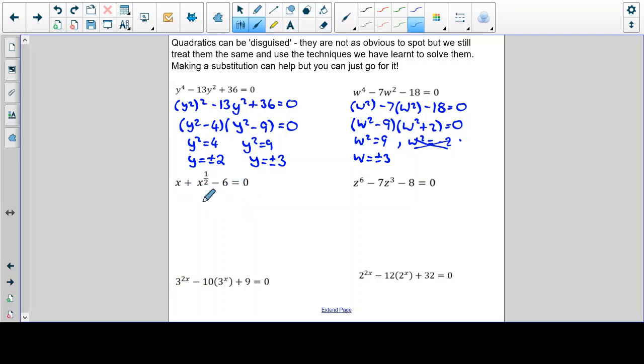This one is a quadratic in x to the power of a half, so we could rewrite it: x to the power of a half, squared, plus an x to the power of a half. This one again factorises nicely. Plus 3 and a minus 2.